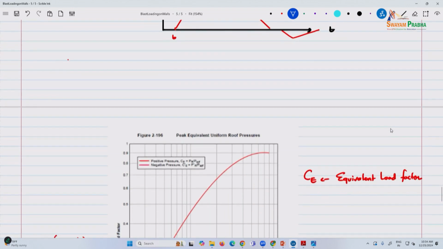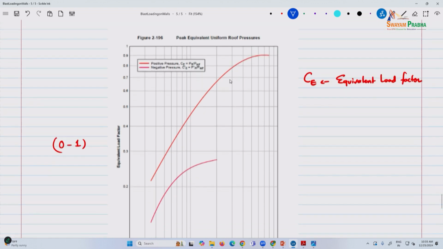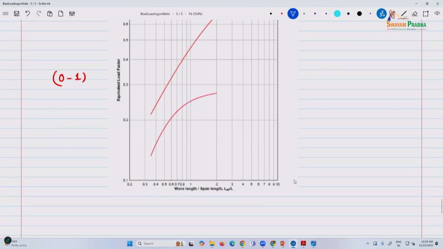And that equivalent load factor is for peak equivalent uniform roof pressures. Positive pressure, so you have a CE positive and a CE negative. And here, this is a function of LW divided by L1, wavelength by span length.